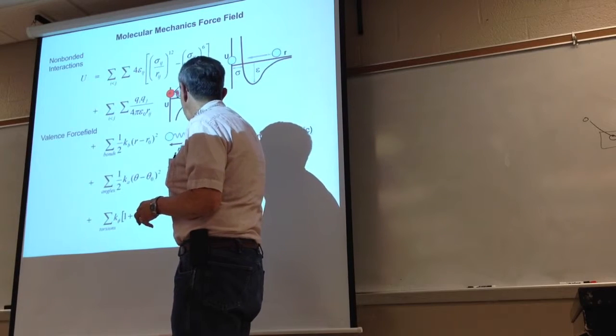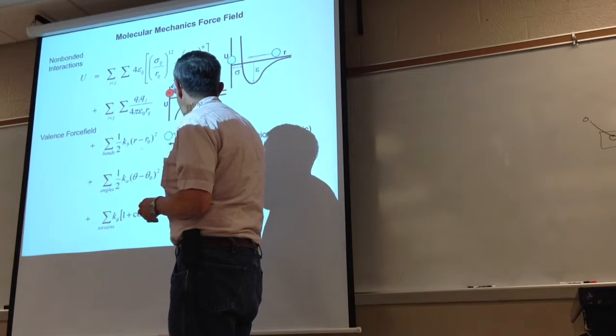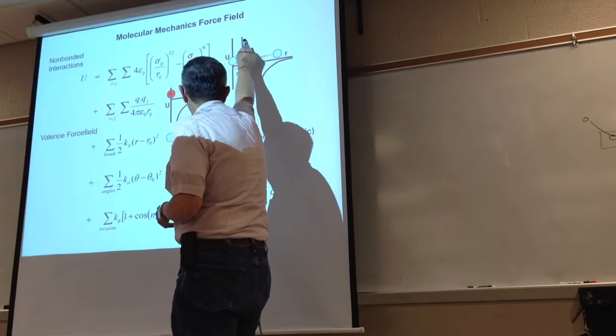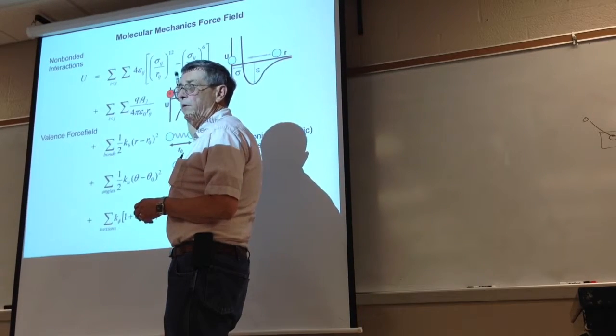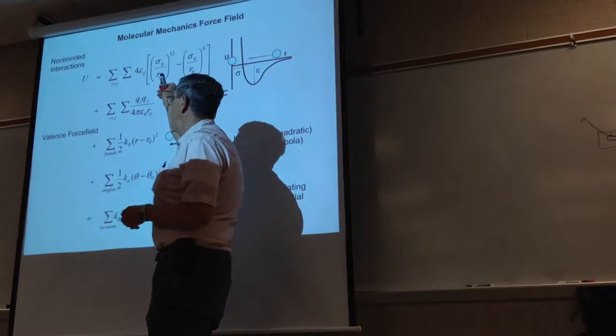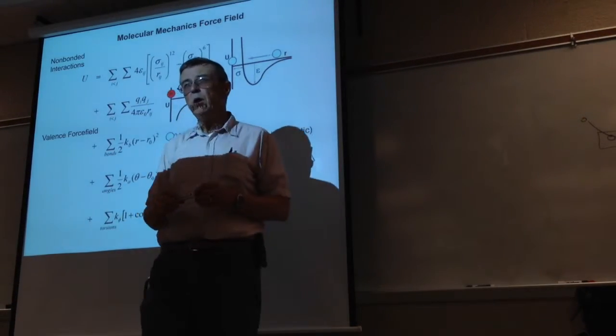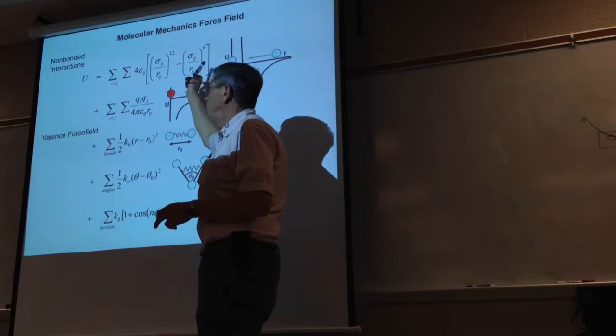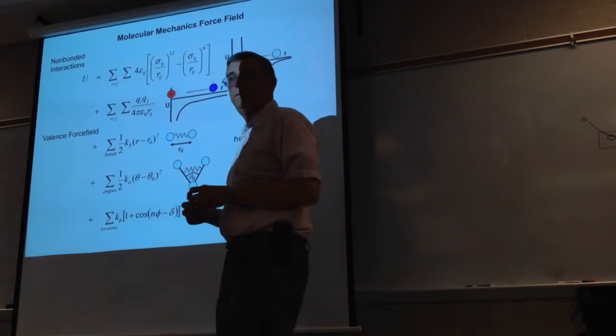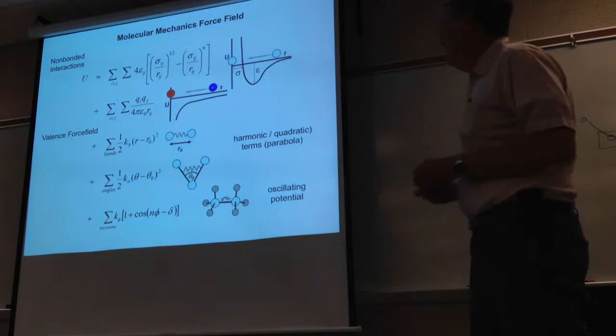And up here we have that Morse curve with the attractive term and the repulsive term. And I think I mentioned Lennard-Jones 6-12 potential. That's a Lennard-Jones 6-12 potential right there. Okay, it's an exponential term.